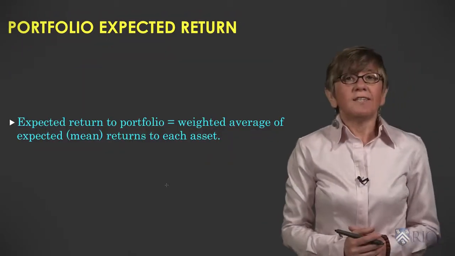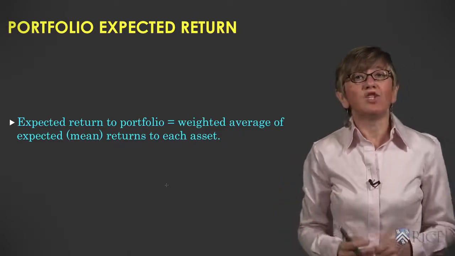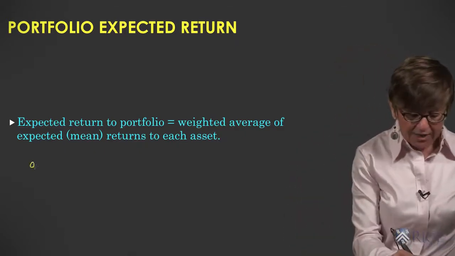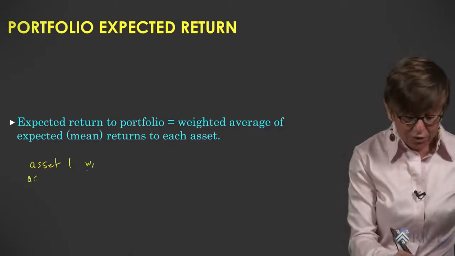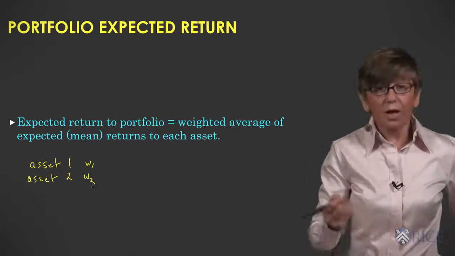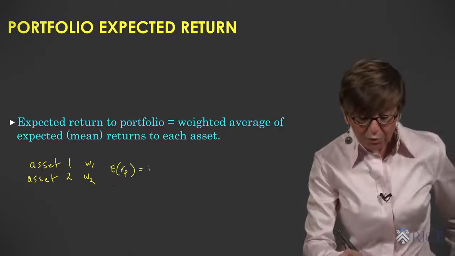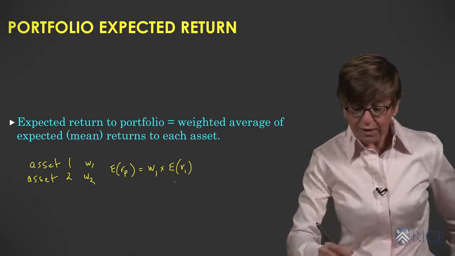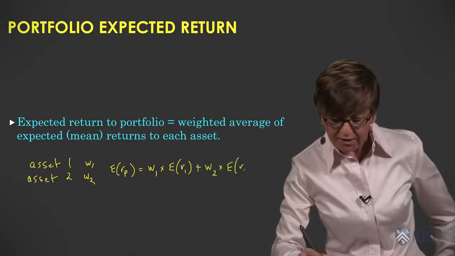In general, the expected return of a portfolio is simply equal to the weighted average of the expected returns of each asset. So if you have two assets, asset 1 with weight W1 and asset 2 with weight W2, what is the expected return on the portfolio? Well, it will be the weight of the first one times the expected return on the first one plus the weight of the second one times the expected return on the second one.